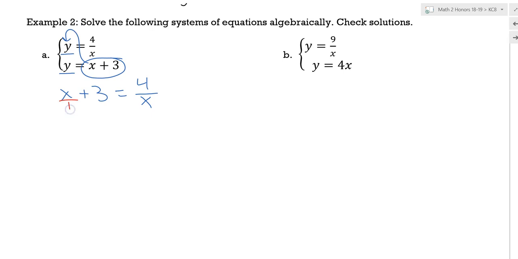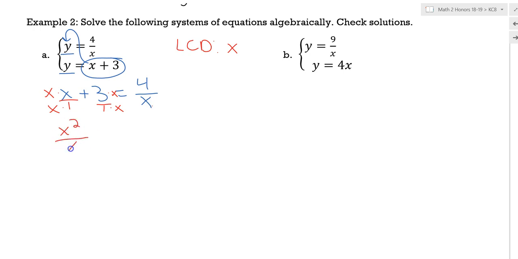So this is over 1, so our least common denominator is going to be x. These are just 1s, so you don't have to worry about them. So times x over x, and then that also has to be times x over x. This one already is over x.